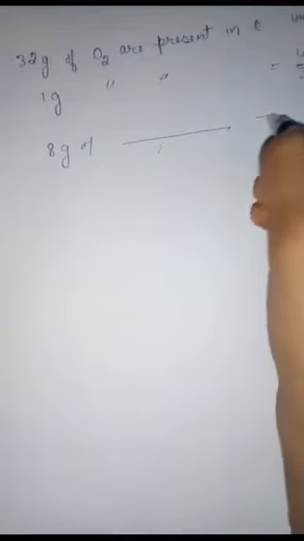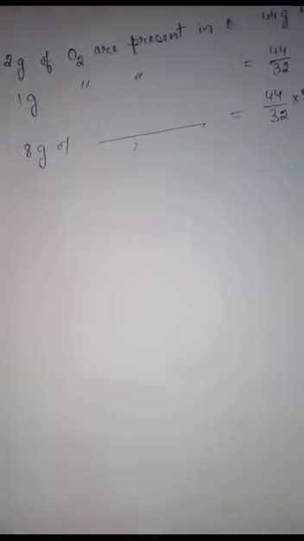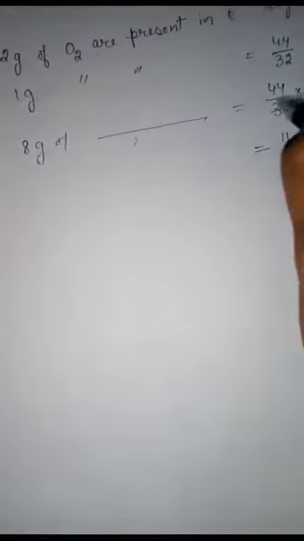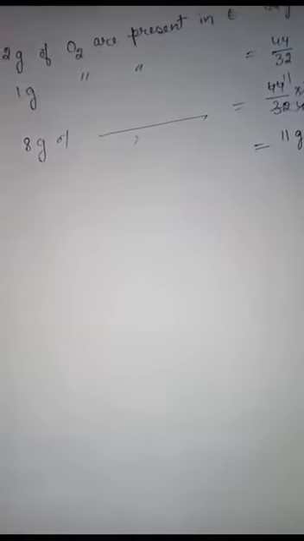So 1 gram of oxygen will be present in 44 divided by 32 gram of carbon dioxide. But we have to calculate for 8 gram of oxygen. So 8 gram of oxygen will be present in 44 divided by 32 multiplied by 8, which will come 11 gram of carbon dioxide.